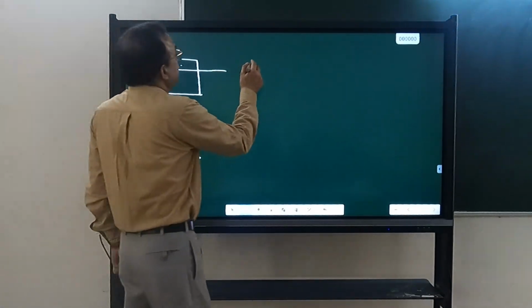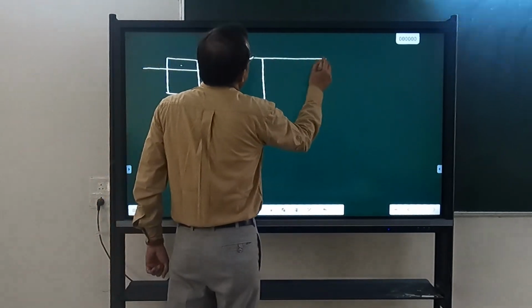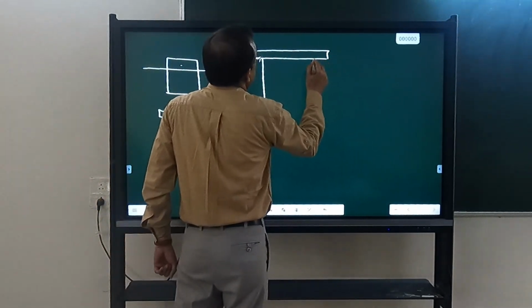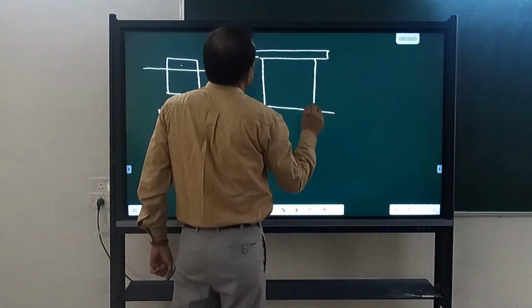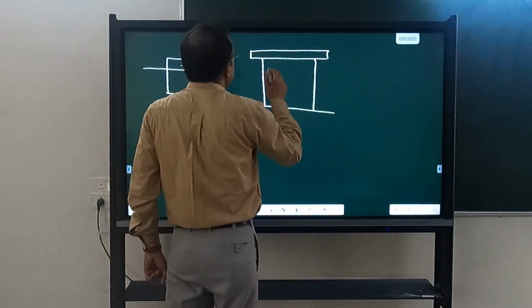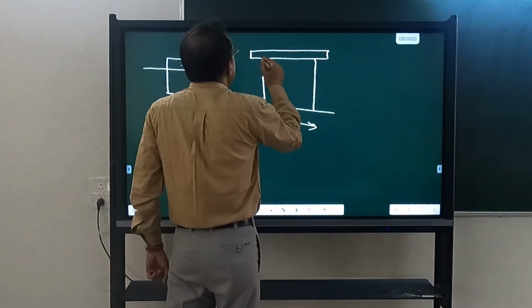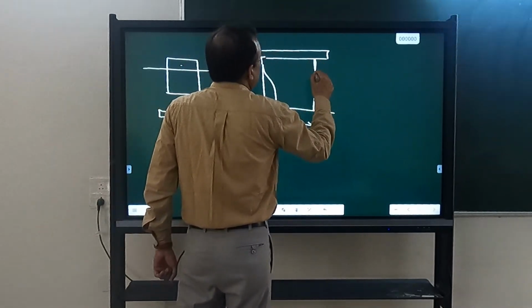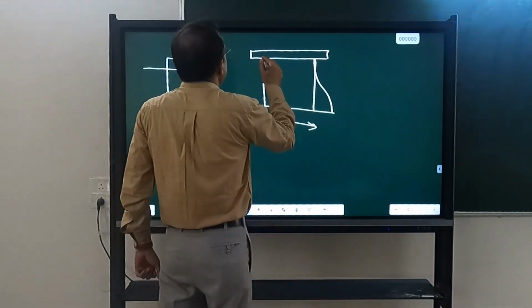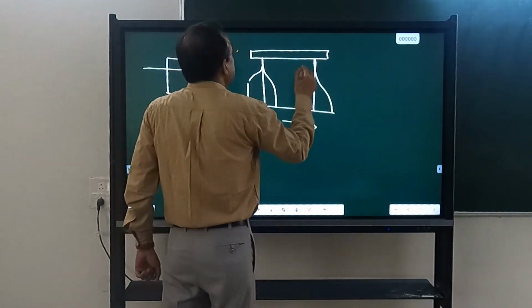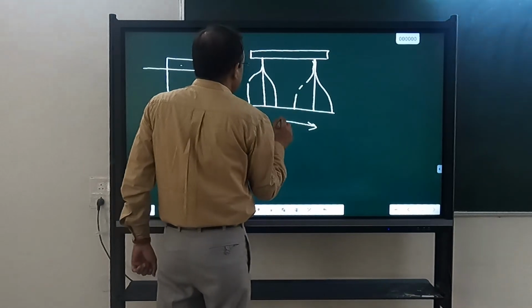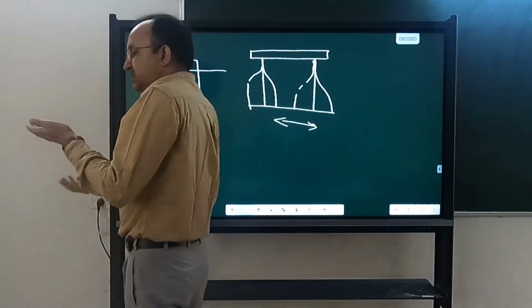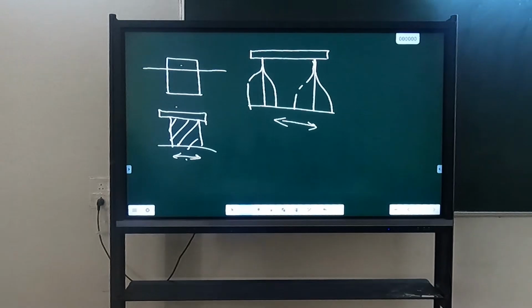On the other hand, think of a very flexible structure. What will happen? When the ground is moving, the mass will remain in its own position, only the ground will move. When the ground goes in the other direction, the ground is moving, but if the mass is very flexible, it will try to remain in its position due to inertia.